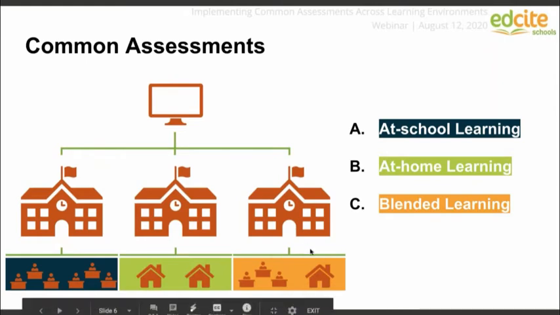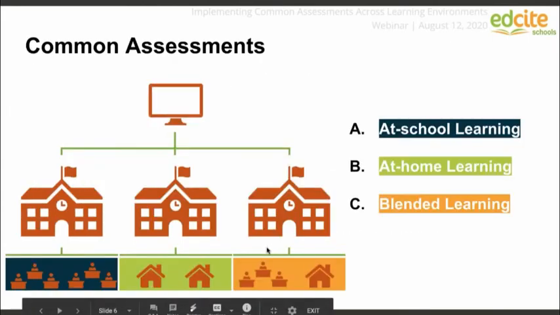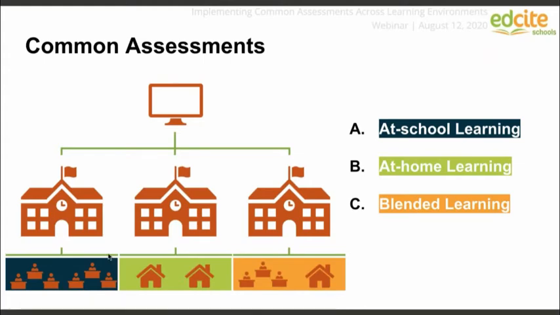And over here, we've got what we're calling the blended learning or hybrid model, where you have students at home and students in the building, whether that's an A day and B day, or certain hours of the day that students are coming. There is some combination of at-home and in-school learning. And even beyond these 3 models, there's going to be mixing and matching throughout the school year based on what's going on in our communities.